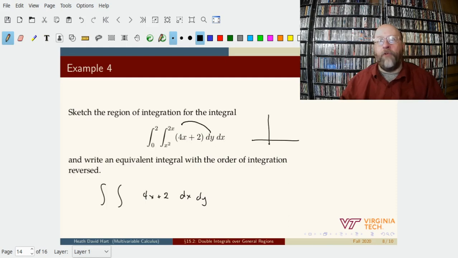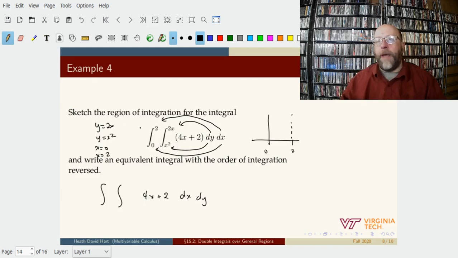My boundaries are y equals 2x, y equals x squared, and x equals 0 and x equals 2. So the crude boundaries are just 0 and 2. The shape lies between these two vertical lines.